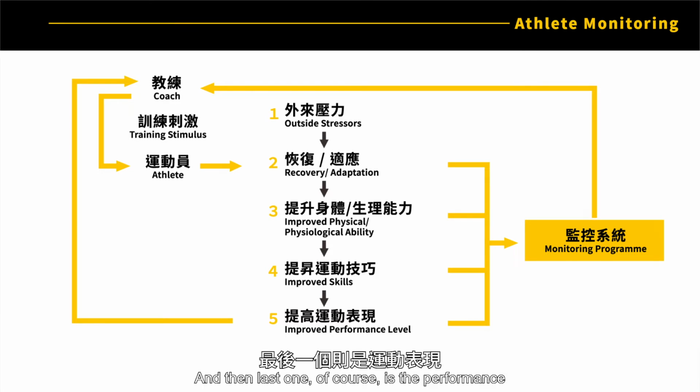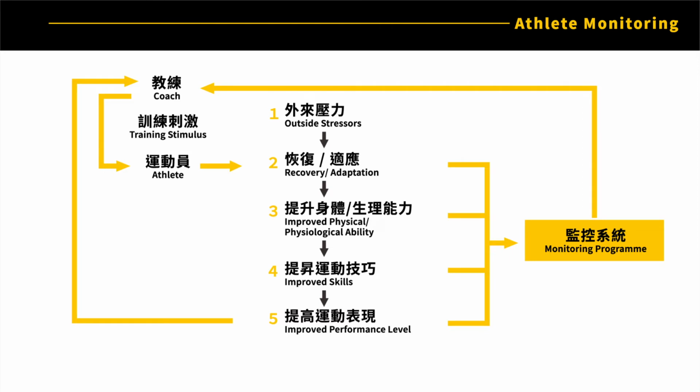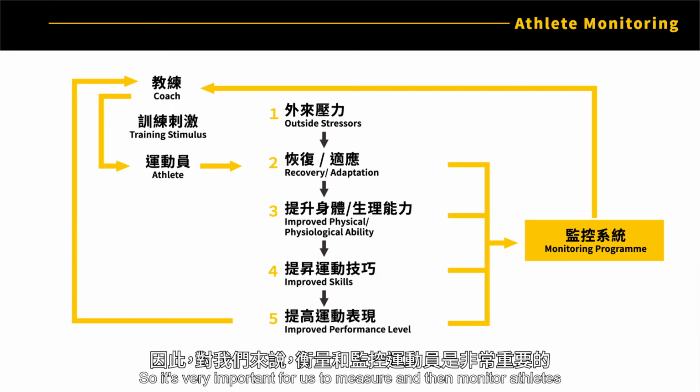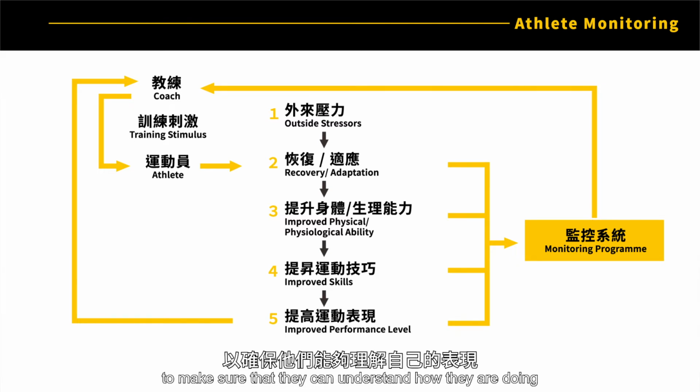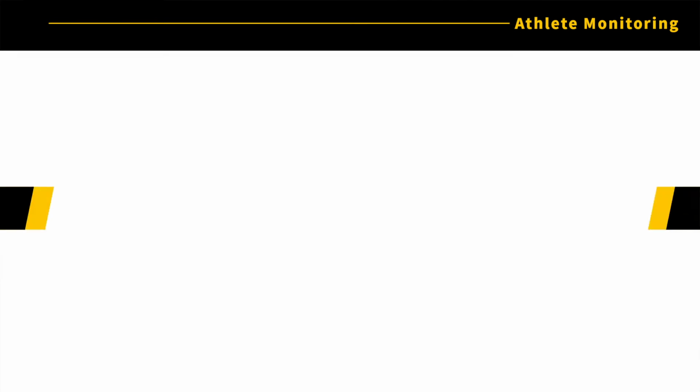And the last one, of course, is the performance. We have to measure performance, and performance is what matters. But if athletes are over fatigued or chronically fatigued, then they cannot perform. So it's very important for us to measure and monitor athletes to make sure that they can understand how they're doing, and then also the information goes back to the coaches.